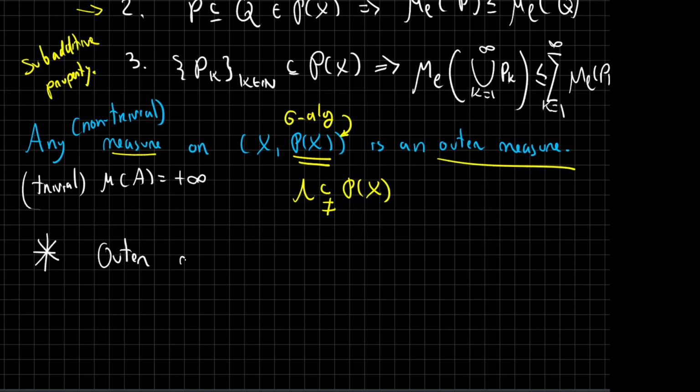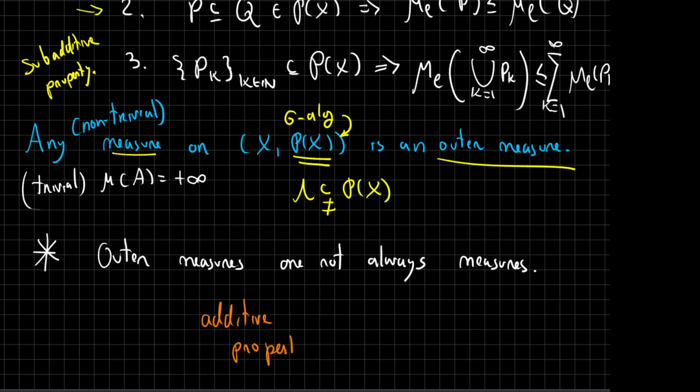Outer measures are not always measures. And why is that? Well, perhaps we won't have the additive property. This may fail.